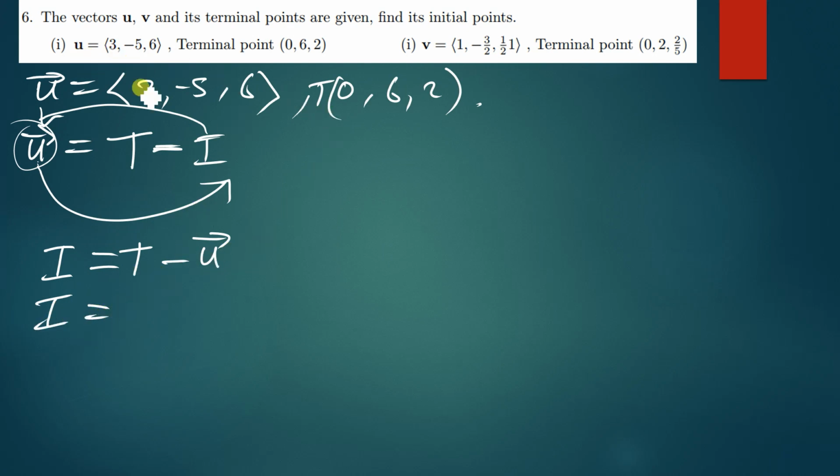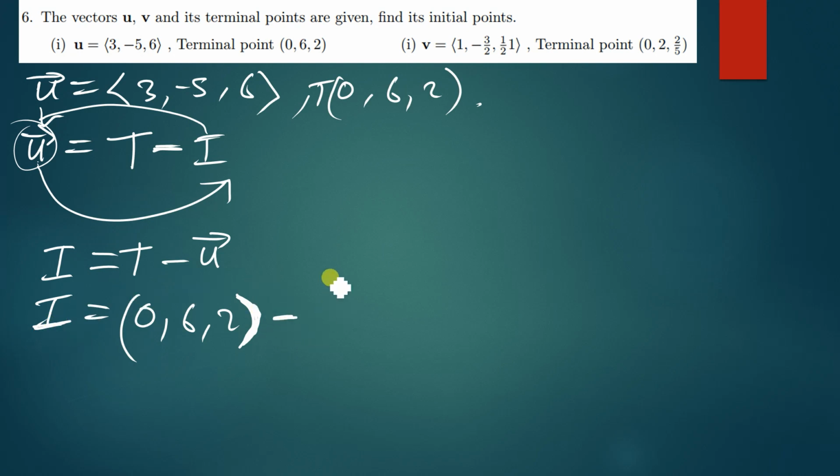So the terminal has been given as (0, 6, 2). Sorry, this one is a point, so we use this type of brackets, and then we are finding the point for the initial.